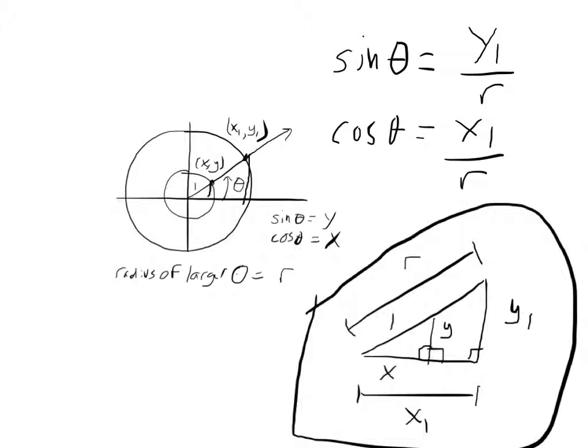And that should be consistent. If you think about it with our original definition, the sine of the angle theta is the y-coordinate over the radius of the circle, and that's consistent with the special case of the unit circle, where my sine is equal to the y-coordinate over the radius of the circle.